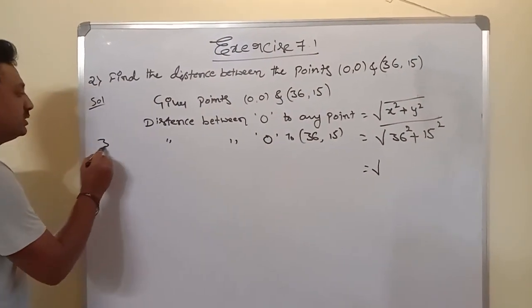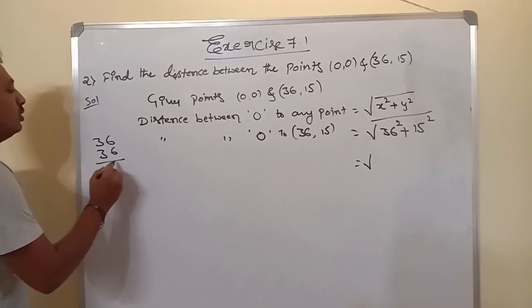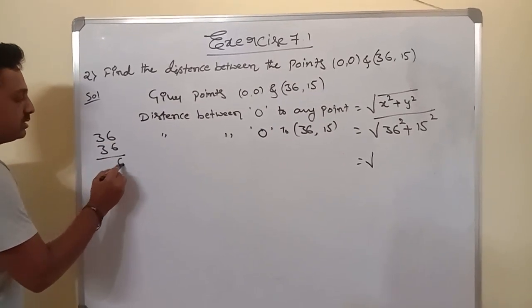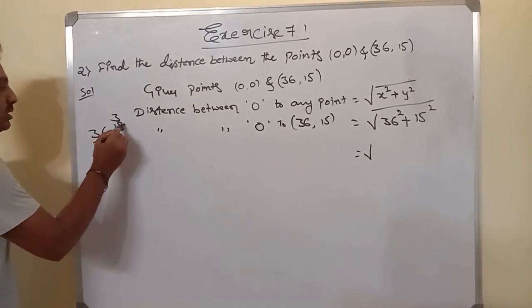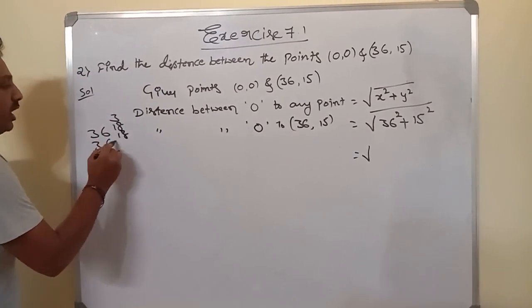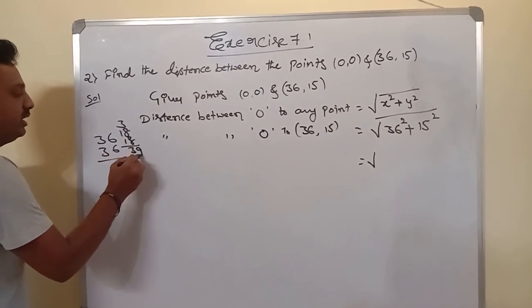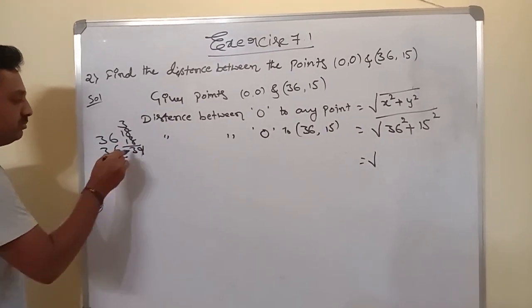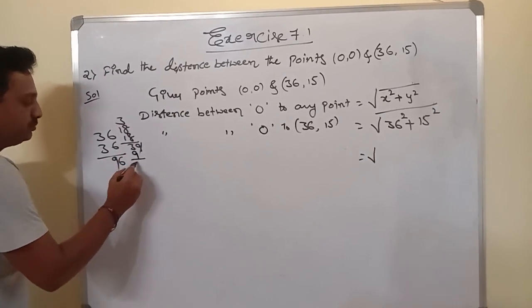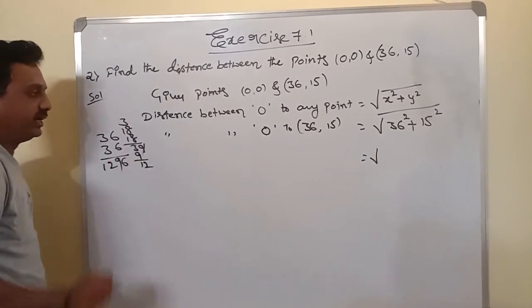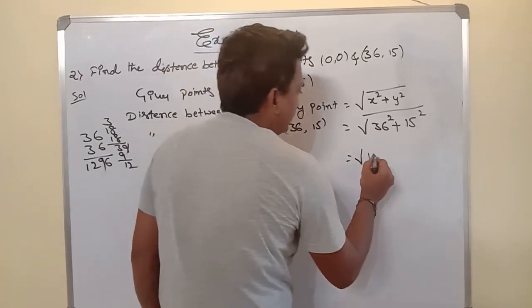What is 36 into 36? 6 6s are 36, 3 carry. 6 3s are 18, 18 and 3, 21. 3 3s are 9. Then it is 1296.